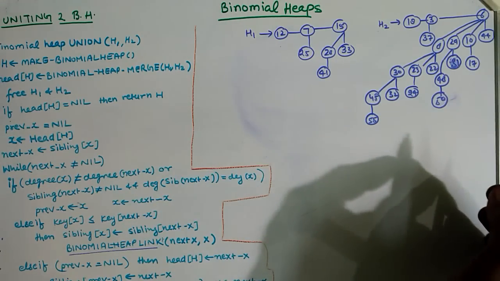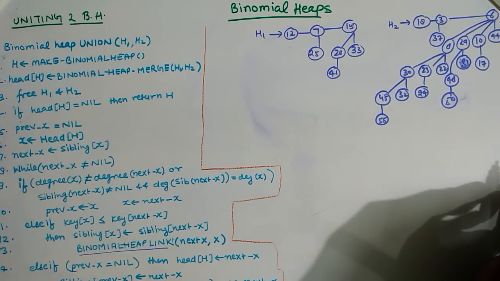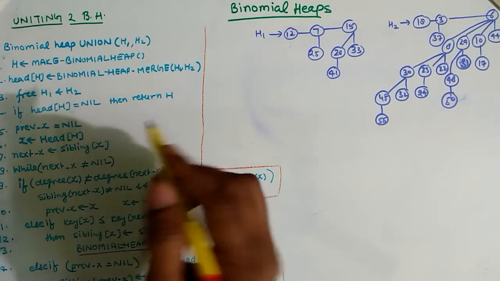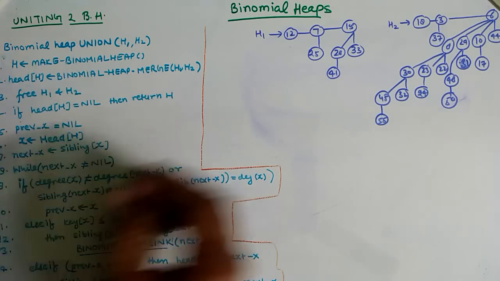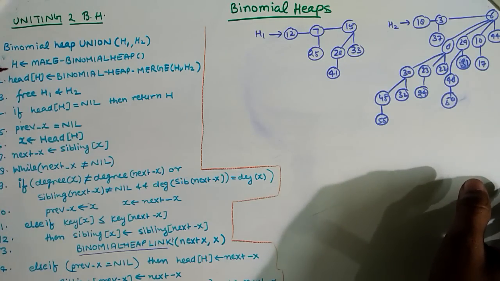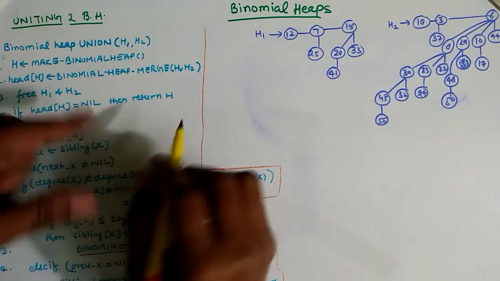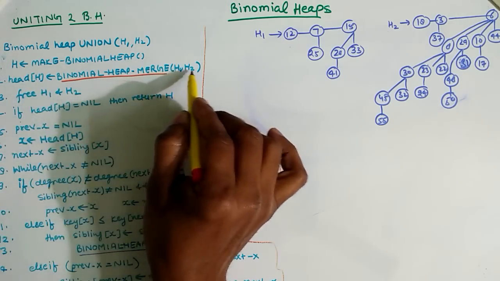So from this algorithm I just scan from the start. Binomial heap union of h1 and h2 will first create an empty auxiliary heap h, and call the binomial heap merge procedure on h1 and h2.